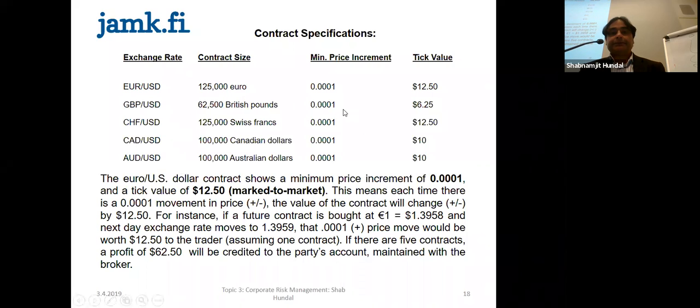One more thing: we calculate the profit and loss to 4 decimal points. This is very strange. When you go to the retail market, say Thomas Cook or anyone, the rates are published to 2 decimal places. But when you are doing this trading, your profit and loss is calculated to 4 decimal places.